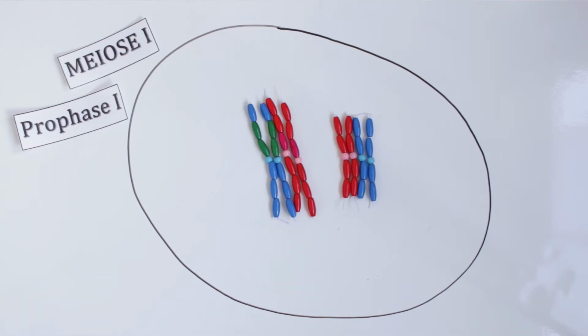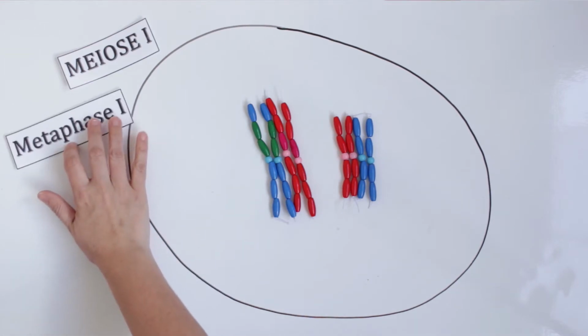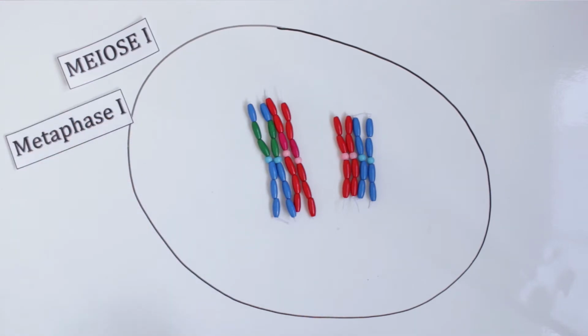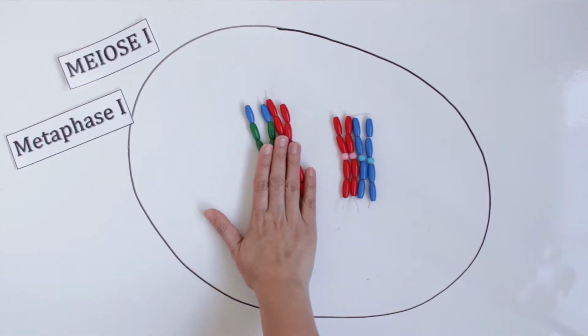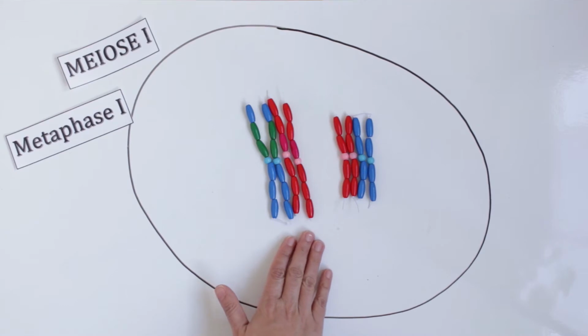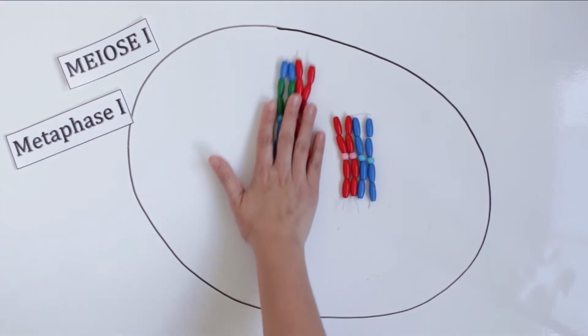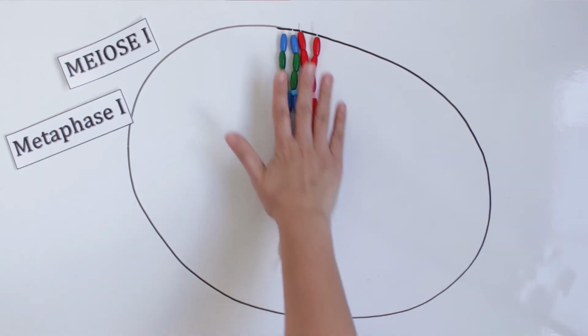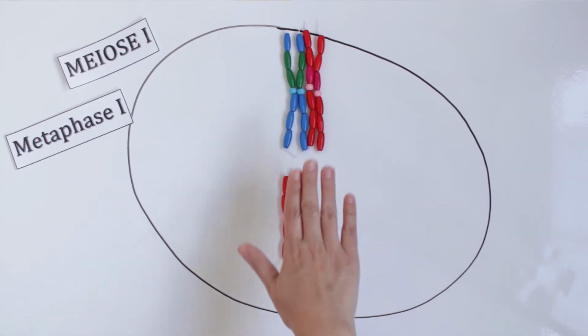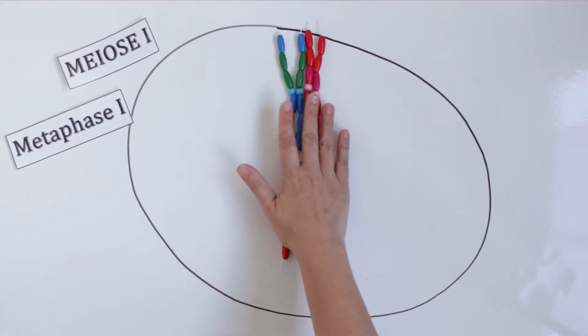Okay, so that's it for prophase. After prophase, what do I have? Metaphase. What happens in metaphase? Middle. The difference here between meiosis 1 and mitosis is that in my metaphase, I'm not gonna make just a single line of chromosomes as in mitosis. I'm gonna make a double line like that. So my homologous chromosomes that are duplicated go to the middle.